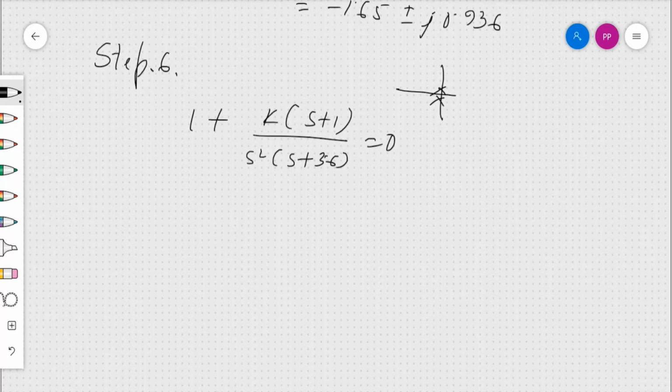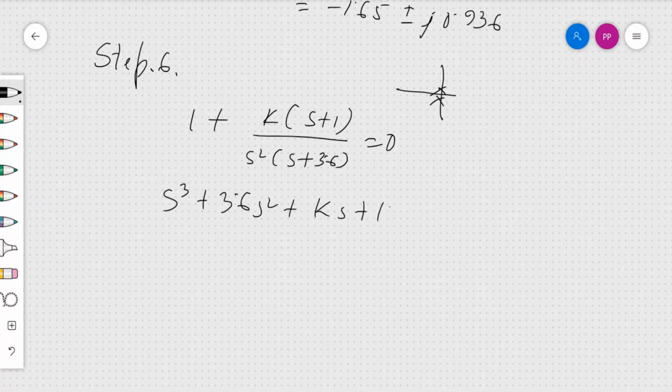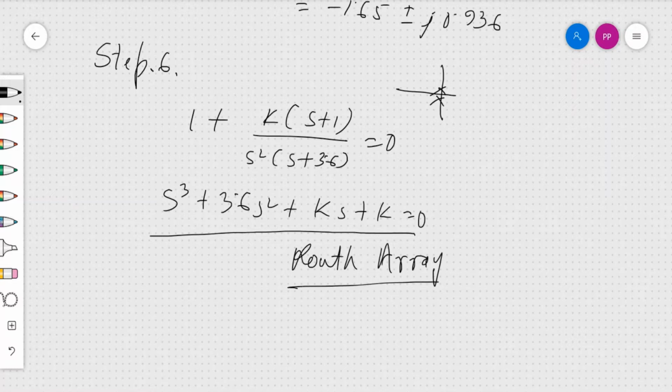You multiply, and it becomes s cube plus 3.6 s square plus ks plus k equal to 0. From here you can draw the Routh array. So let us draw it.